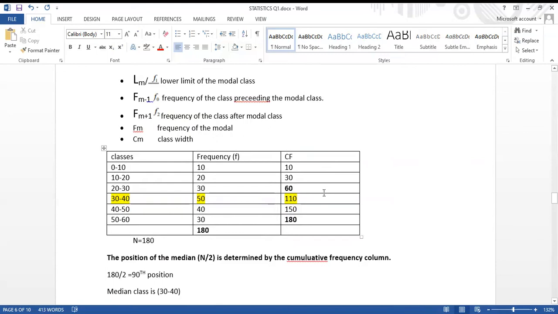The frequency is always given to you. You never need to calculate the frequency. All you need to do is total up the frequency.